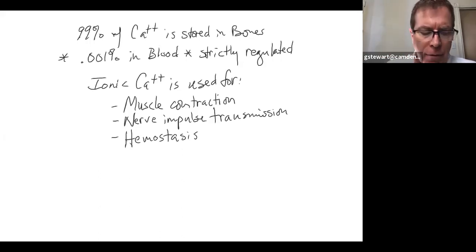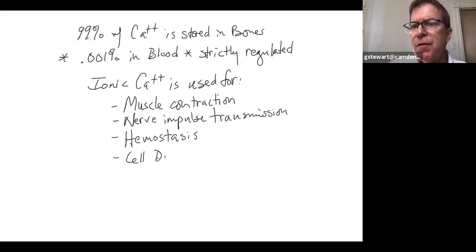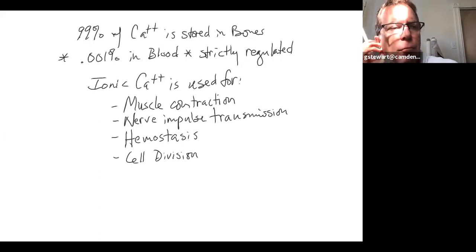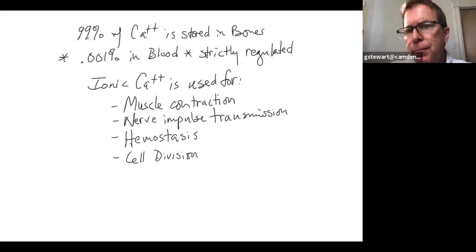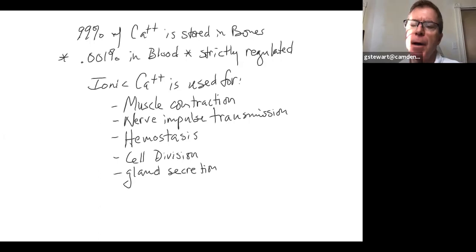So it's a lifesaver in that respect. Cell division. When our cells divide mitotically, calcium is also required. Gland secretion. The process of secreting a substance typically uses calcium ions in order to complete that process.